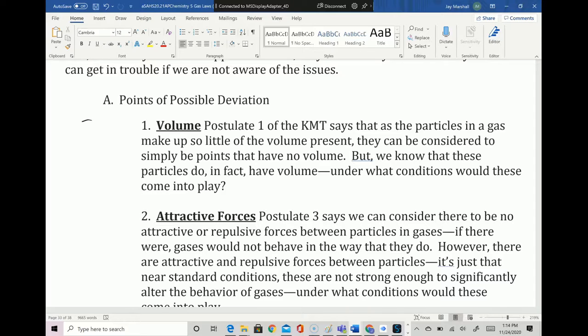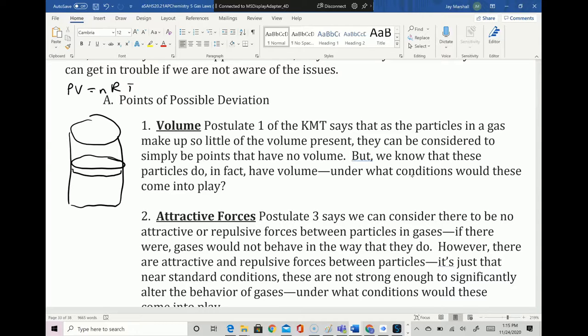So if I'm going to say that PV equals nRT, and I'm going to use that to talk about the volume of a gas, hopefully it makes sense that I need to be able to say that the particles themselves don't take up a lot of volume.